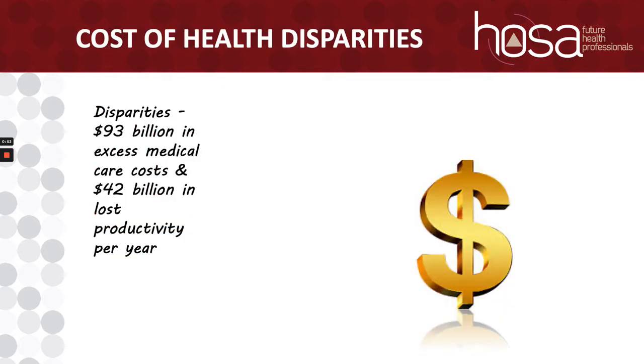It's estimated that disparities cost in the United States $93 billion in excess medical care cost and $42 billion in lost productivity per year. So we're not talking about a small problem by any means.